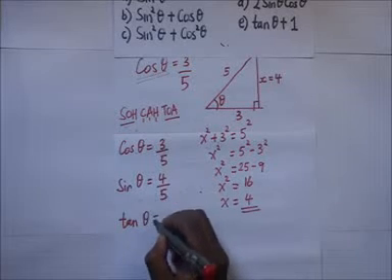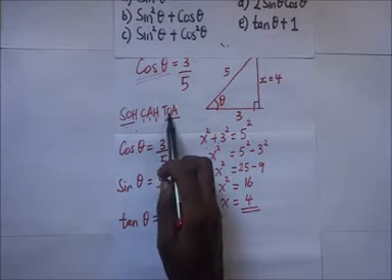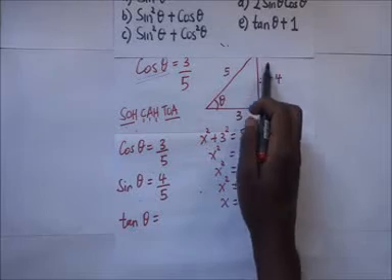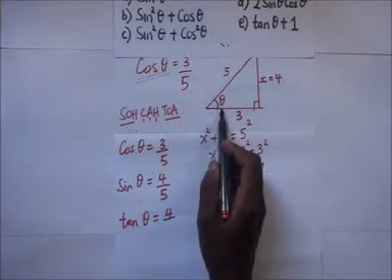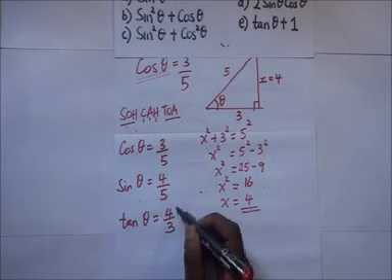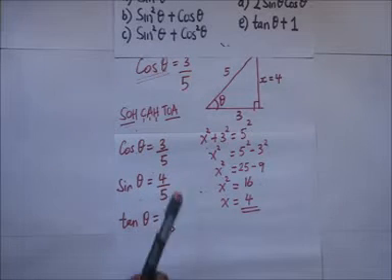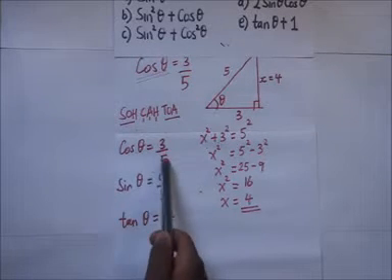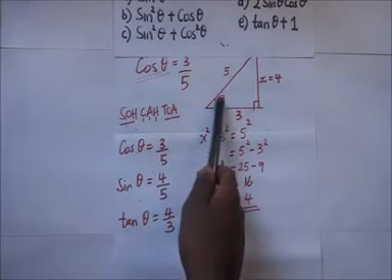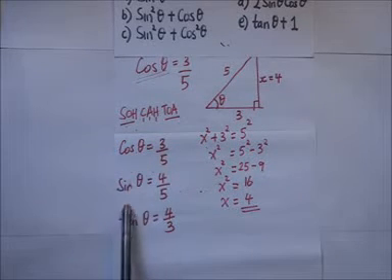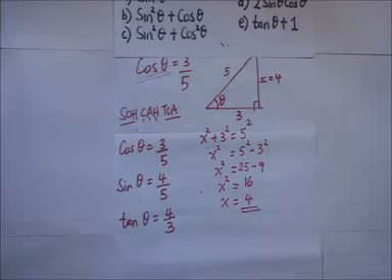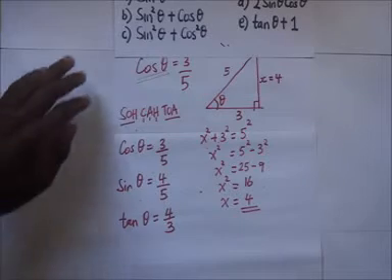The tan of theta is opposite, which is 4, over adjacent. Adjacent to this angle is 3. So we have the cos, the sine and tan of that angle. After determining our cosine, sine and tan, we are now in position to answer the rest of the question.